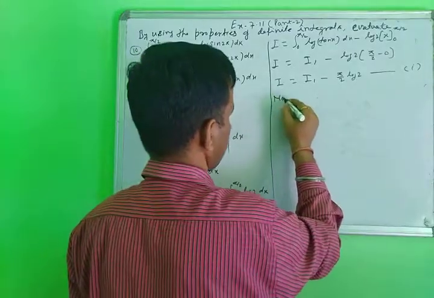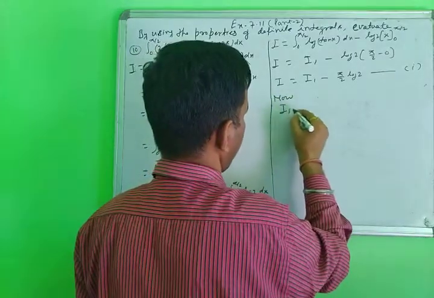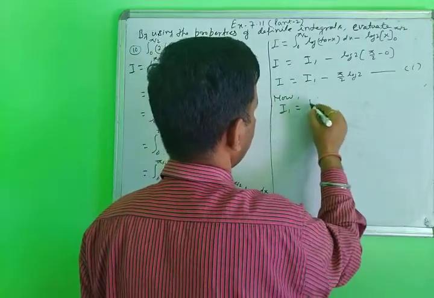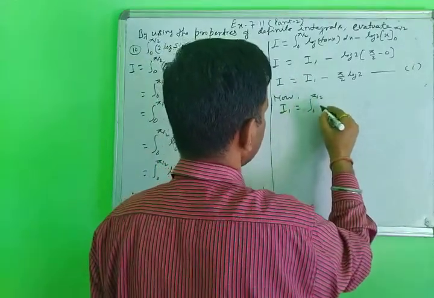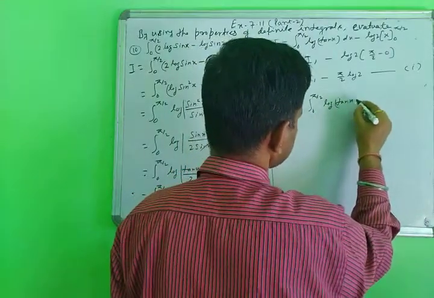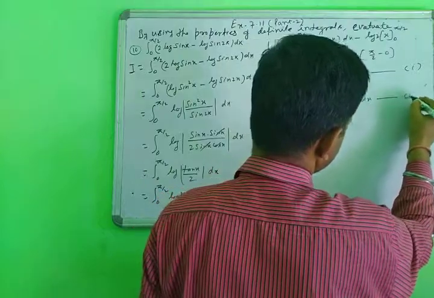Now I1 equals the integral from 0 to pi by 2 of log tan x dx. This is the equation second.